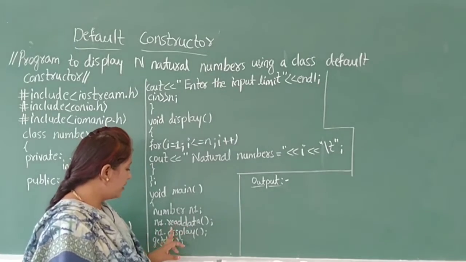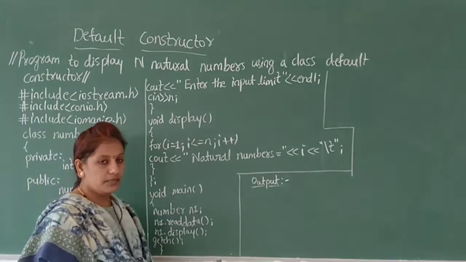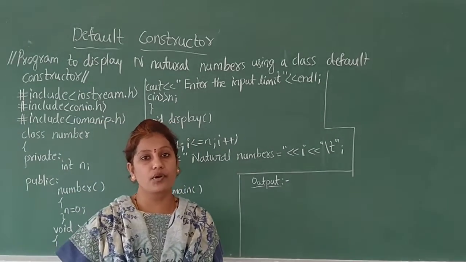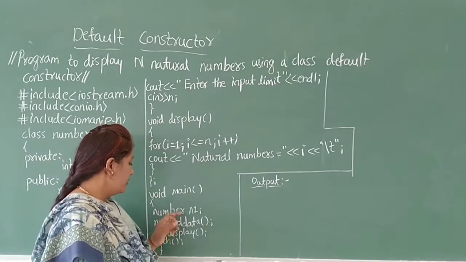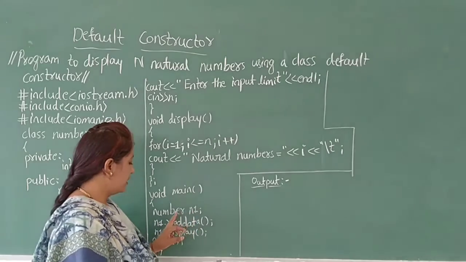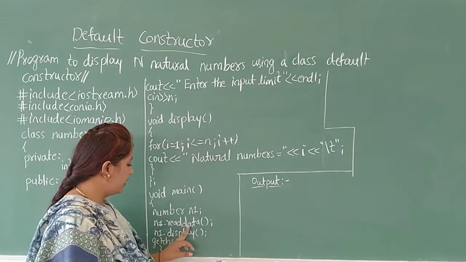Then using that object, 2 member functions are called, read data and display. Then the main function ends. Okay, we'll start program execution from the main function. The n1 object is created using class number, and next n1 dot read data.